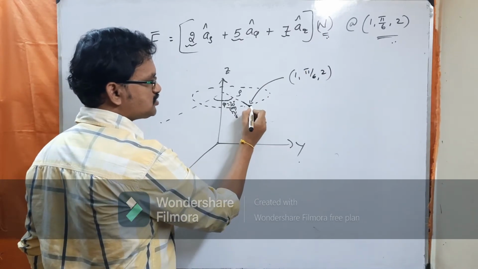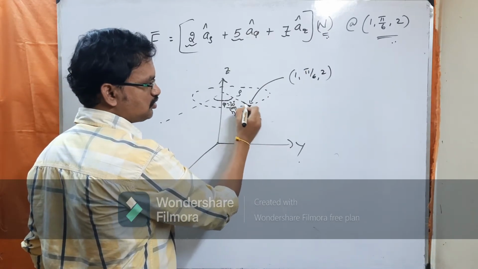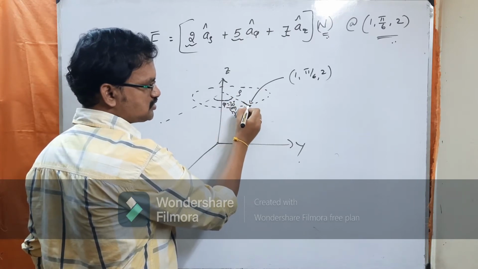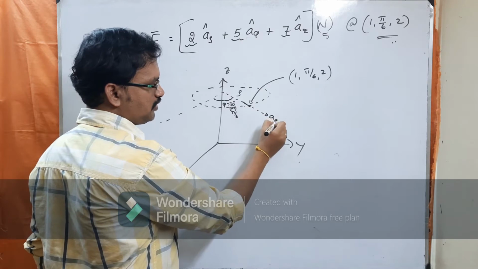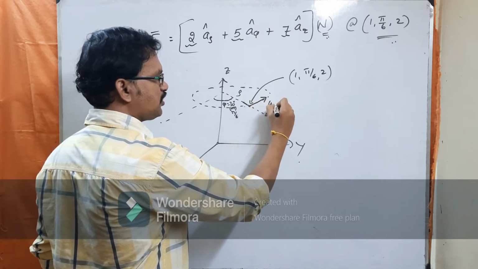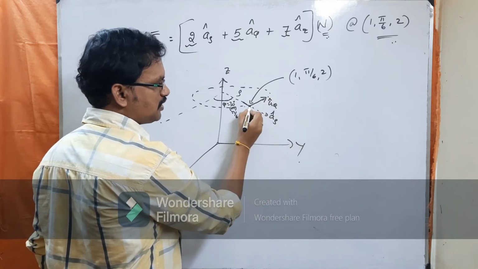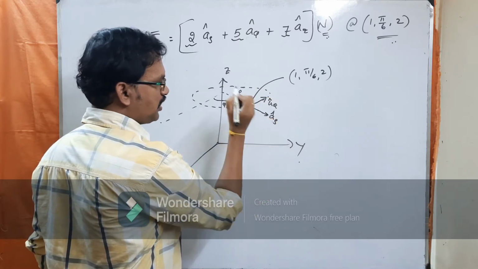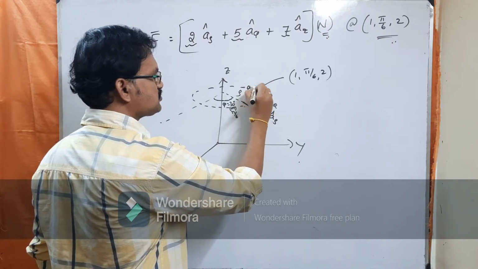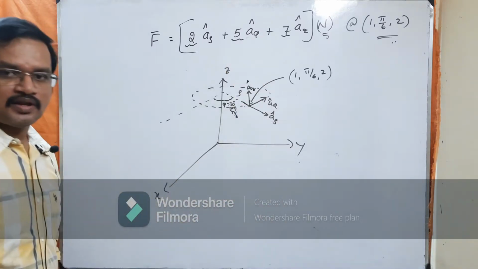Now at this location the rho direction can be represented by a_rho cap. Along this direction you have a_rho cap, and if you draw the tangent, it is going to point in this direction, that is a_phi cap, and a_z cap is going to point in this direction. Understood?